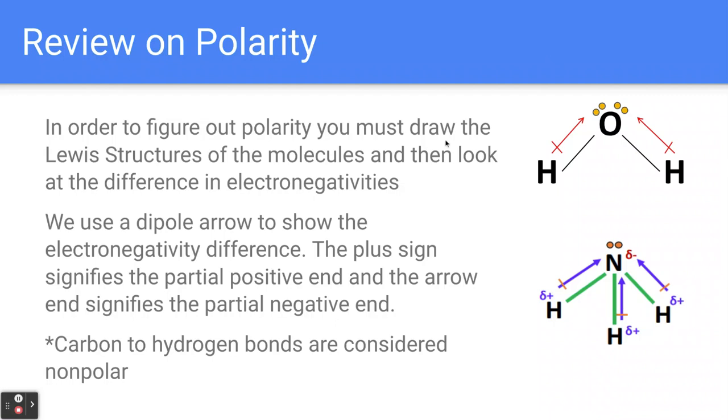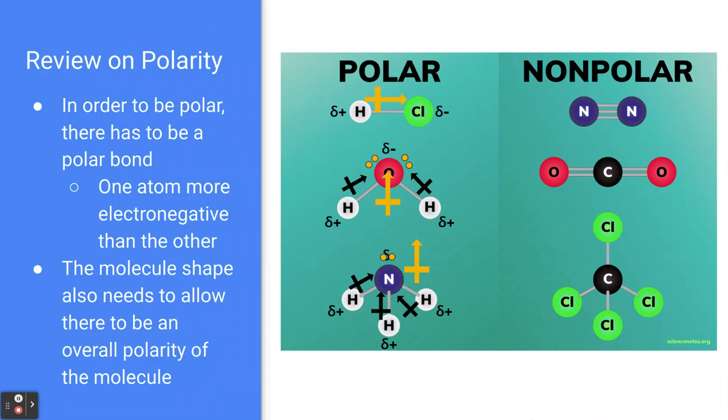So if we think about what this means in terms of polar versus nonpolar, in order for a molecule to be polar, there needs to be a polar bond. So if we take a look at these different examples, all the examples on the left have a polar bond. On the right, this nitrogen example is a totally nonpolar molecule altogether because it's two of the same atoms.